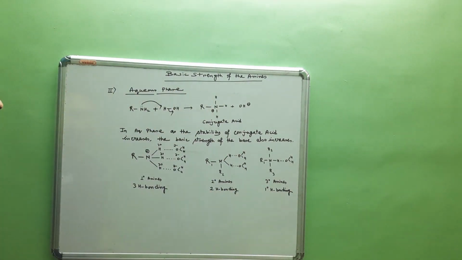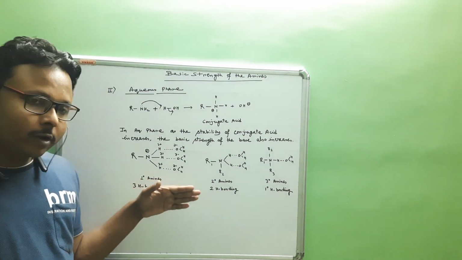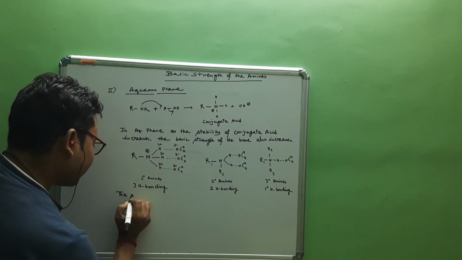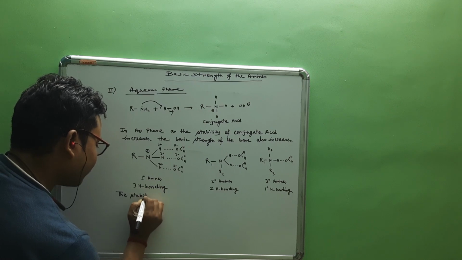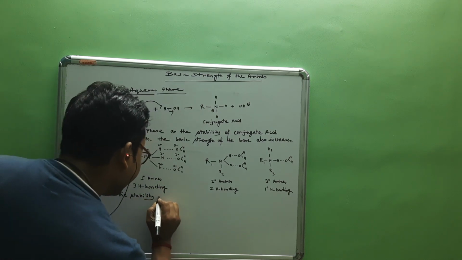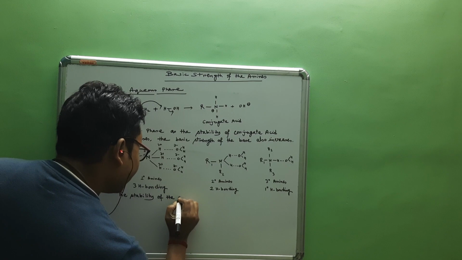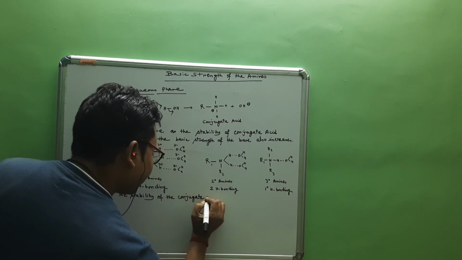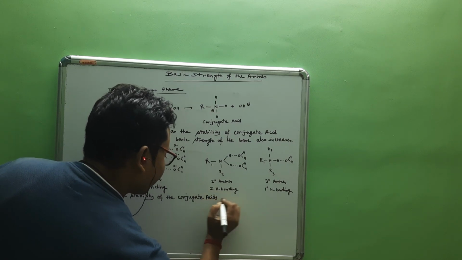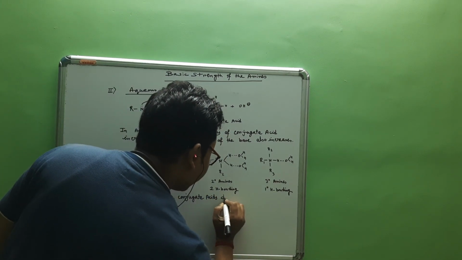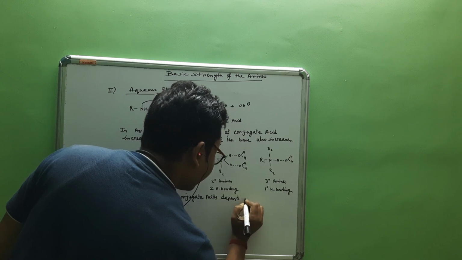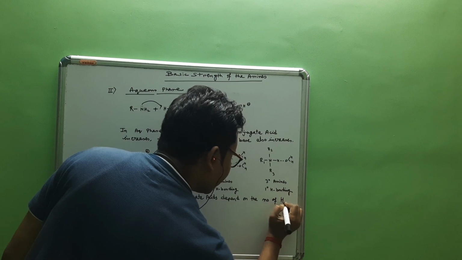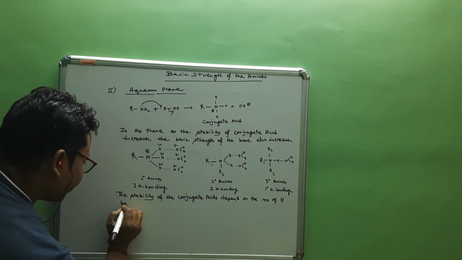Okay. So the stability of the conjugate acids depends on the number of hydrogen bonding.